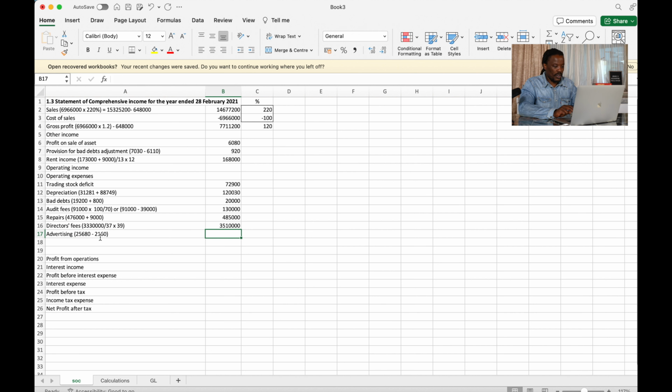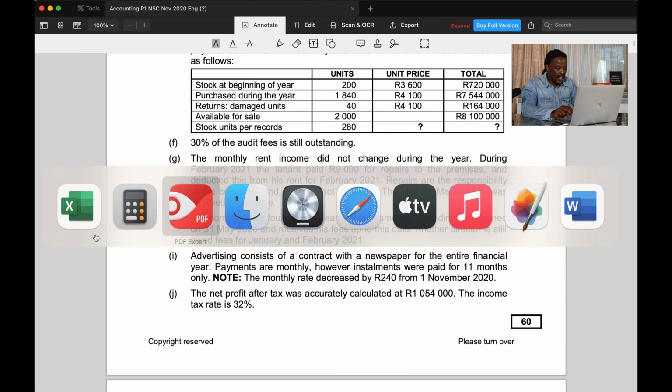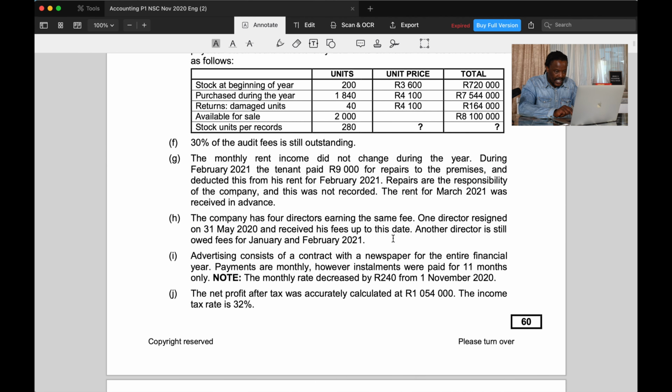And then when we close off, plus, not minus. Remember, let's read again the last statement. It says they were paid for 11 months instead of being paid for 12 months.